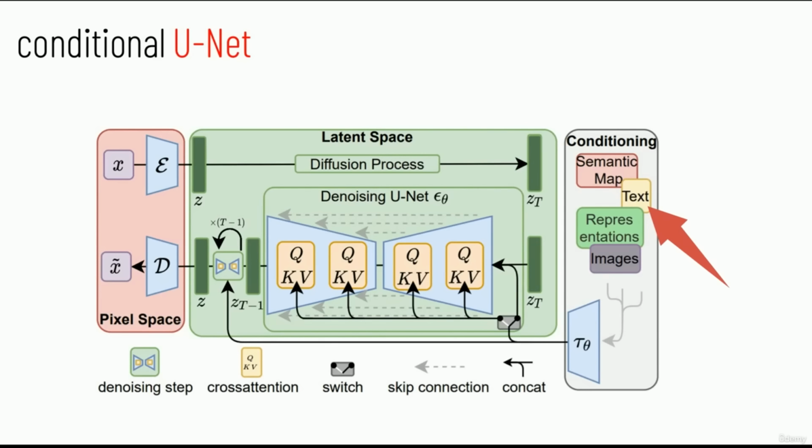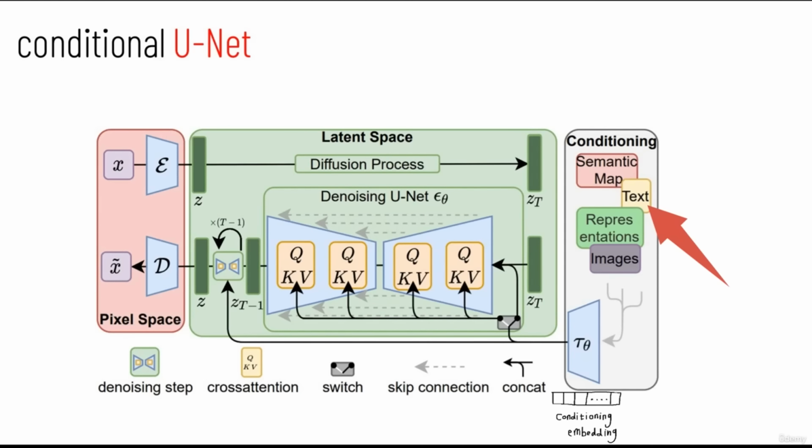Firstly, we will pass this text through a language model. This model will convert this text into a vector representation, or we can call it text embedding, which is a vector with many numbers that represents what our language model thinks about this text.